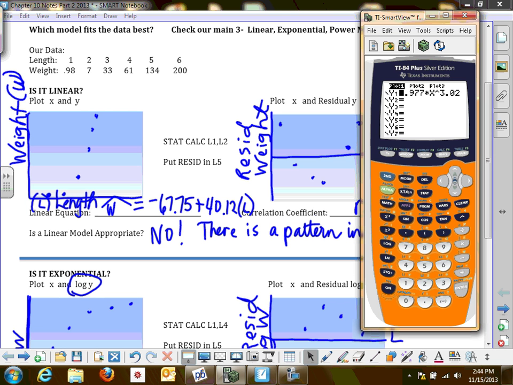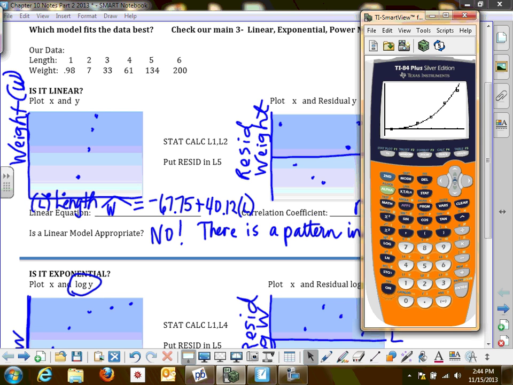And you guys told me that that was supposed to fit L1 and L2, the original data. Let's see if that's correct. So here we go. Let's see if our original data is what we found the equation for.